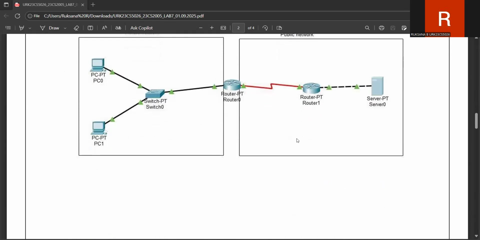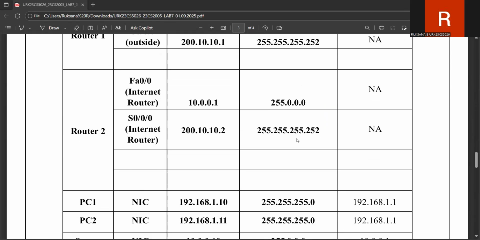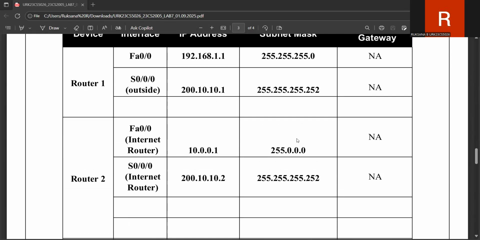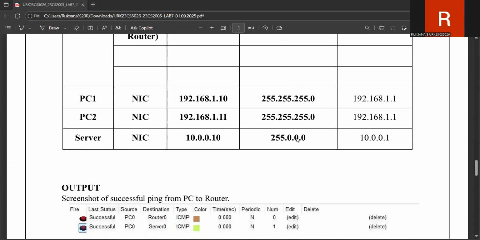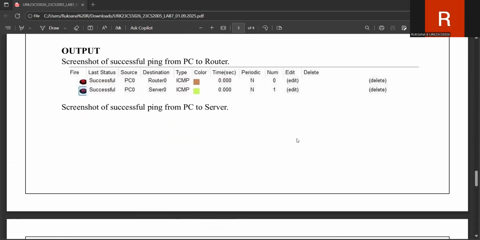So now let us come to the output. So here the interface IP address, subnet mask, and default gateway for all the routers and the PCs are given.